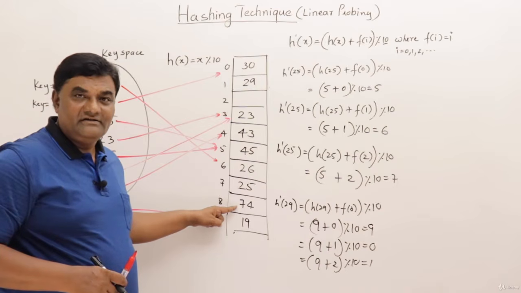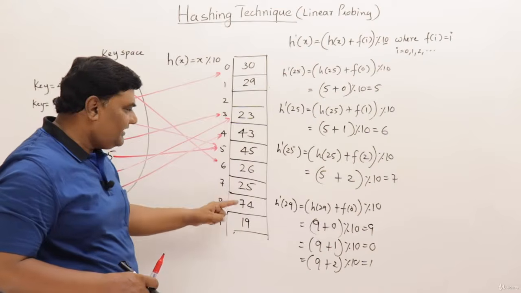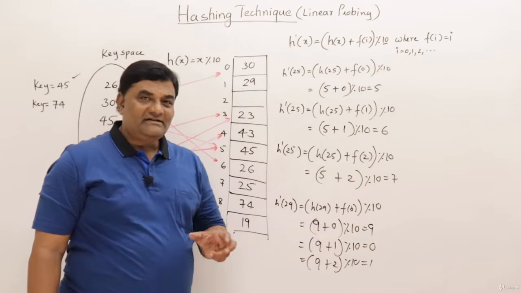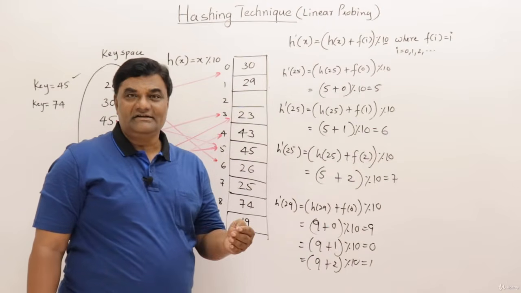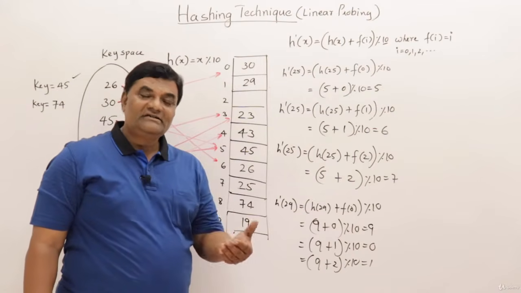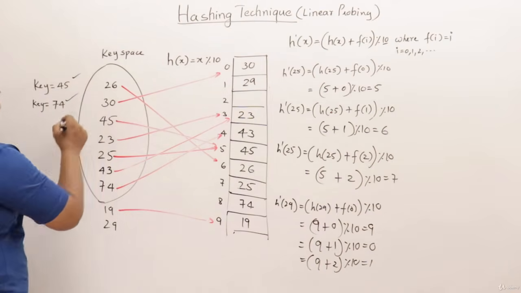We got the key. See how many comparisons we have done: 1, 2, 3, 4, 5. 5 comparisons we have done. That's it. So this linear probing method is a little time taking, right? It's not constant, it's more than constant. So the search is successful. 74 is found.